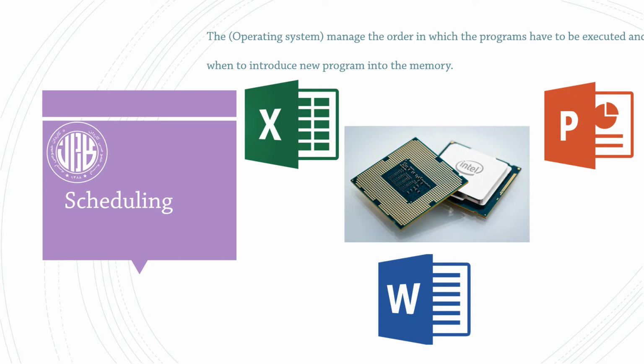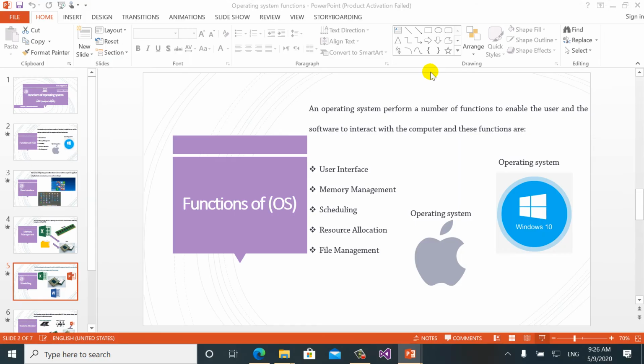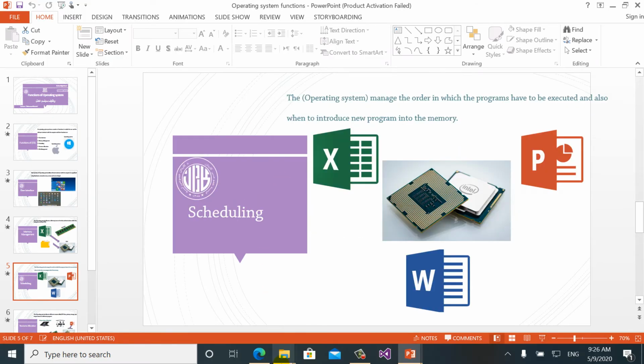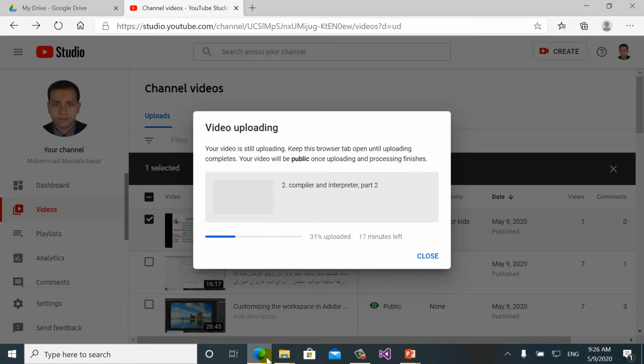Another thing is scheduling. What does scheduling mean? It means managing the order in which programs have to be executed and when to introduce a new program into the memory. For example, I am also uploading videos.